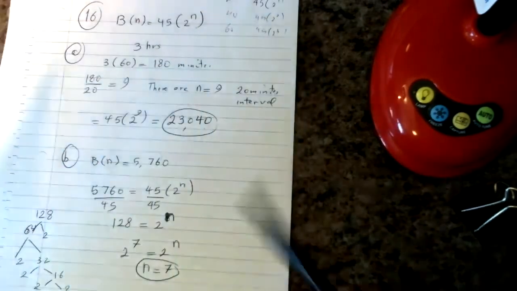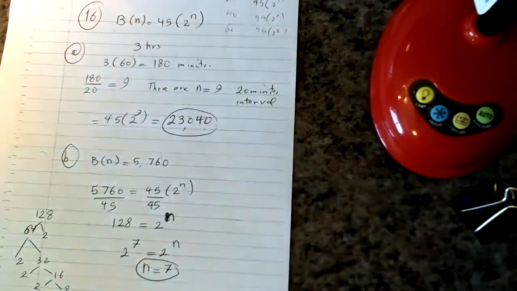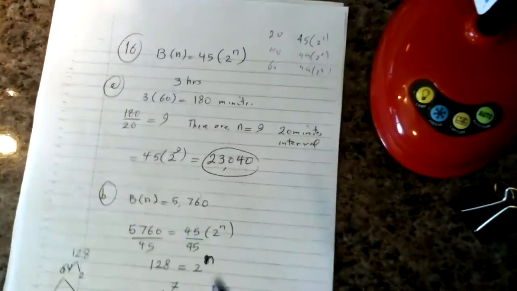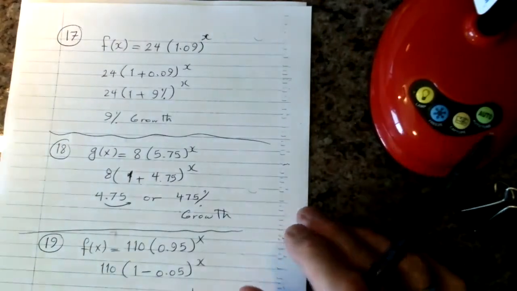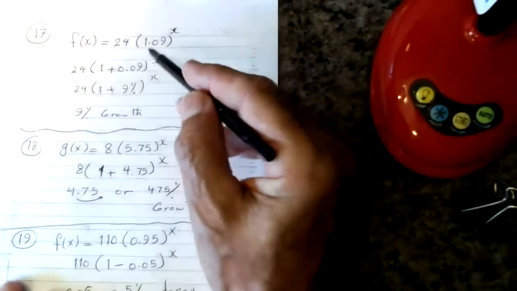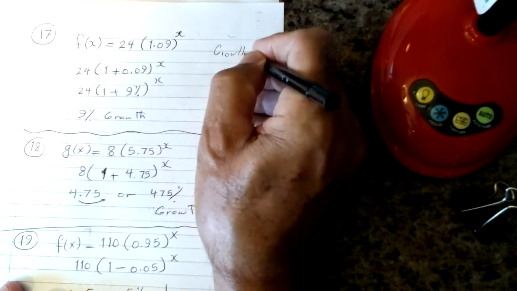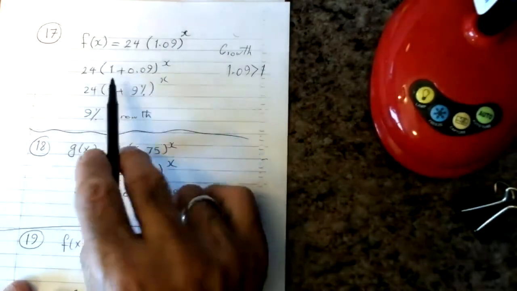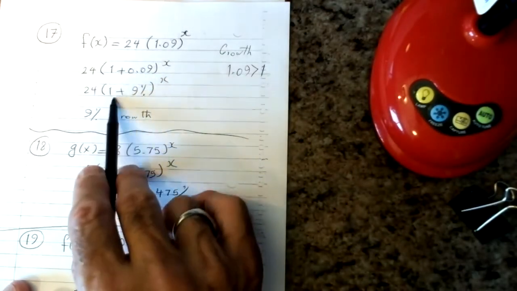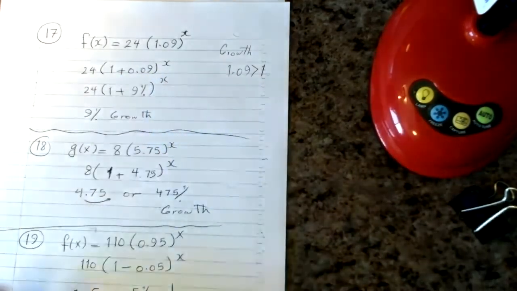How do I find this 9? Look, in the parentheses you have 1.09, and you know it's growth because 1.09 is greater than 1, right? Separate it as 1 plus 9% or 0.09. This is your percentage of the growth.